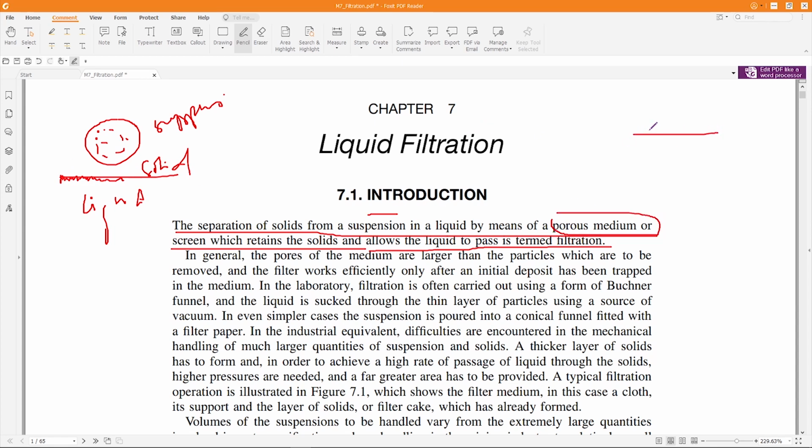If you have cloth, you have pores, right? Or a screen, as you already discussed, so it can retain the solids at the top. The solid particles will not be allowed to pass through the pores. So you have to choose the porous medium such that you prevent the particles from passing through the pore. Okay, so this is filtration.